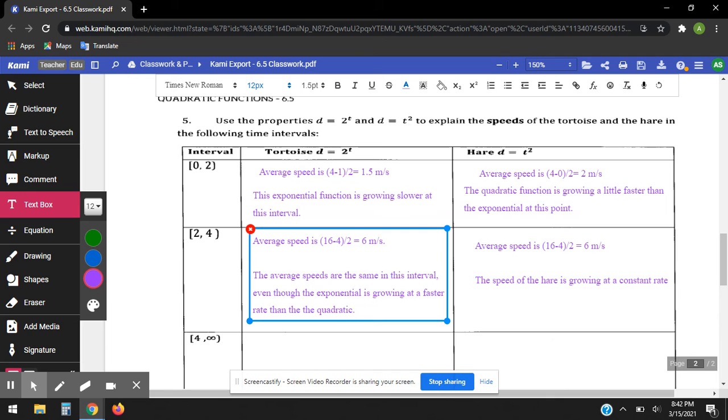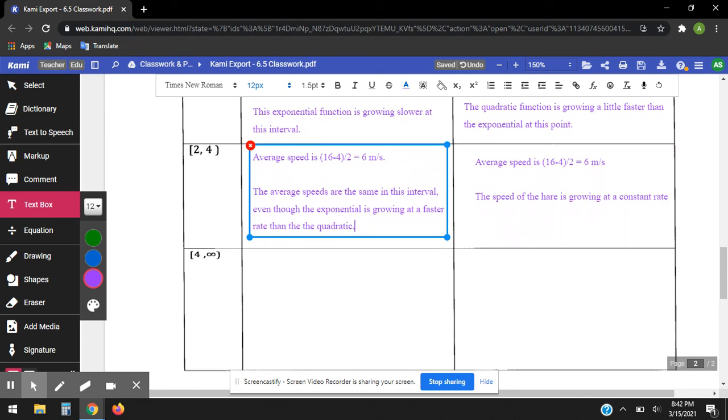Because it's a bigger jump from 1.5 meters per second to 6 meters per second than it is from 2 to 6. So it's growing faster, but right now for that specific interval, it's the same.